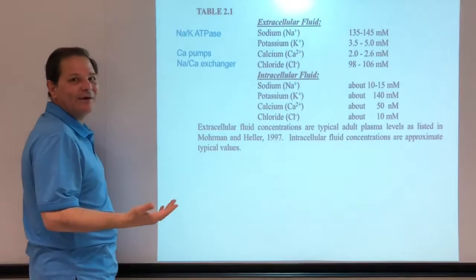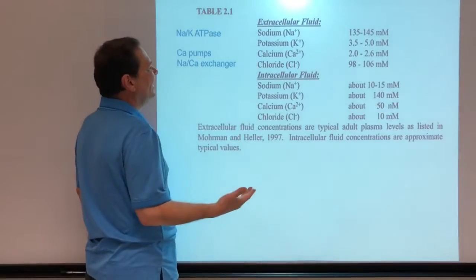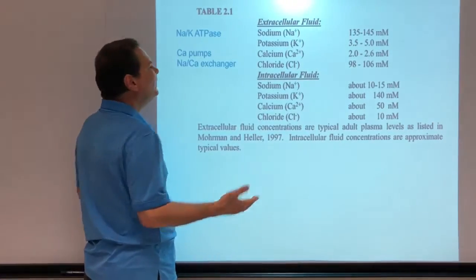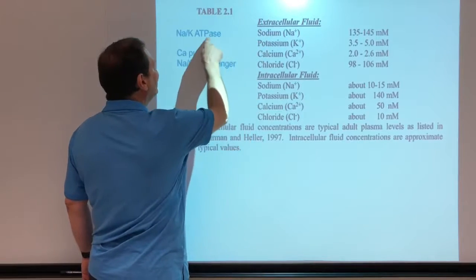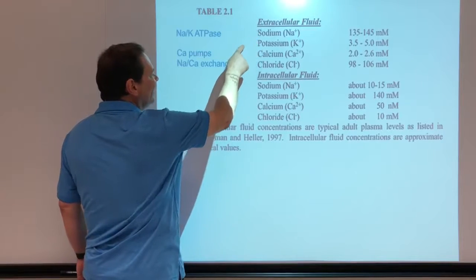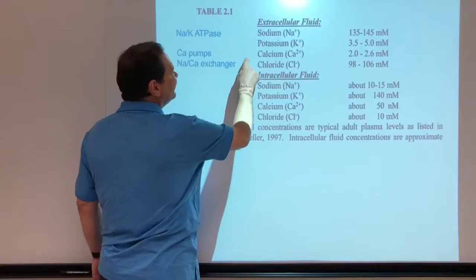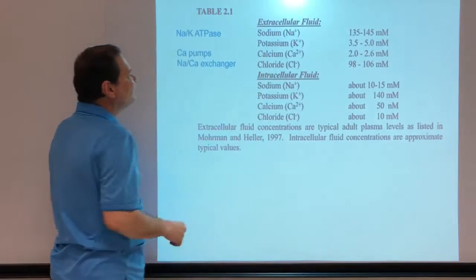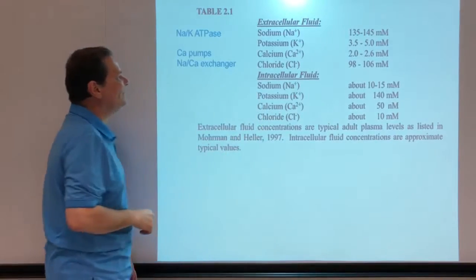We call that secondary active transport. It's secondary because it's actually using ATP to do it, but indirectly. The sodium-potassium ATPase maintains the sodium gradient by using ATP, and then the sodium-calcium exchanger uses that gradient and allows sodium to flow down that gradient in order to pump calcium up its gradient. So the sodium-calcium exchanger keeps calcium high on the outside and low on the inside.